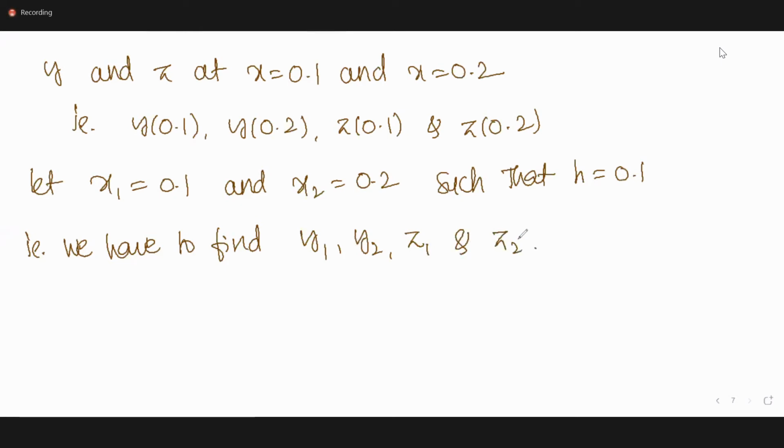Y of 0.1, y of x1 is called y1. Y of 0.2, y of x2, that means y2. Z of 0.1, that means z of x1, that means z1. Z of 0.2 is nothing but z2. So first calculate y1, z1. Next y2, z2 simultaneously.